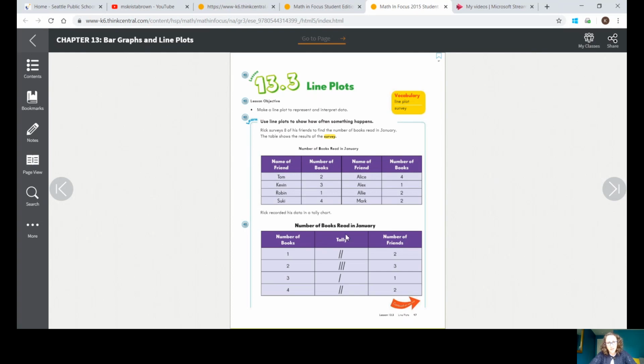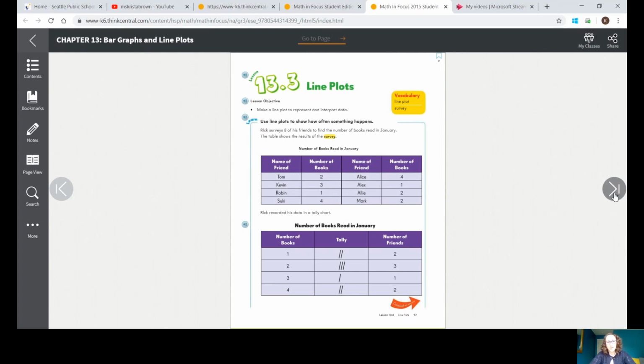All right, here's a tally chart right here. So number of books, 1. And the tally and the number of friends are the same, just 2 different ways to see that information. Looks like 3 friends read 2 books, 1 friend read 3 books, and 2 friends read 4 books.